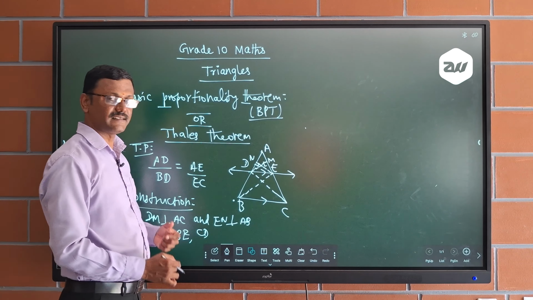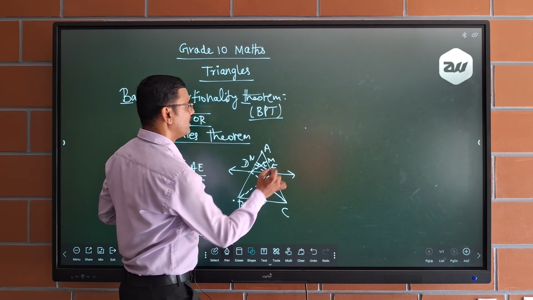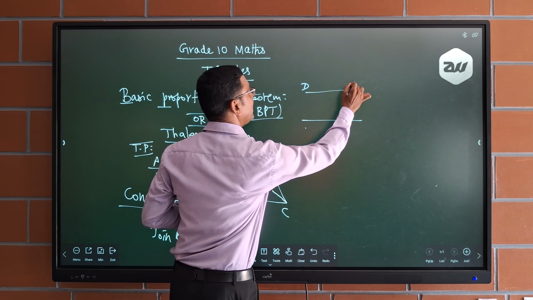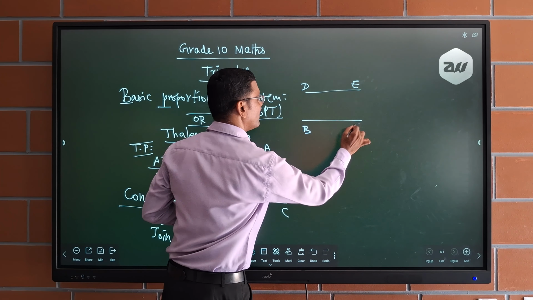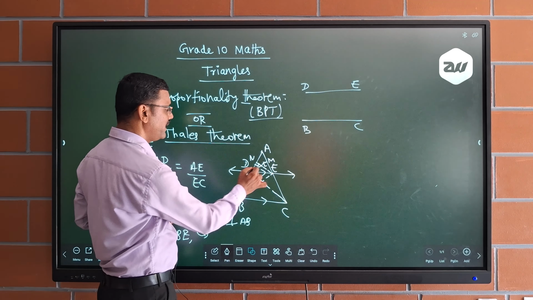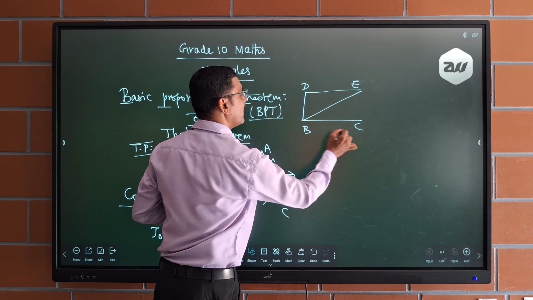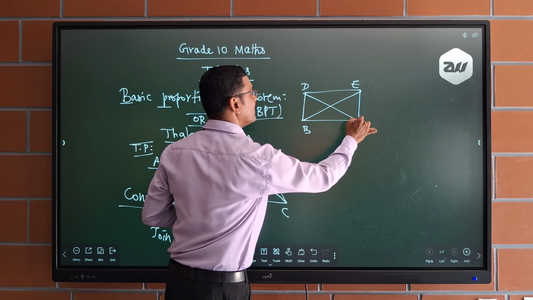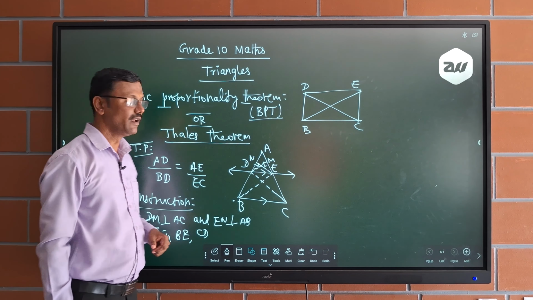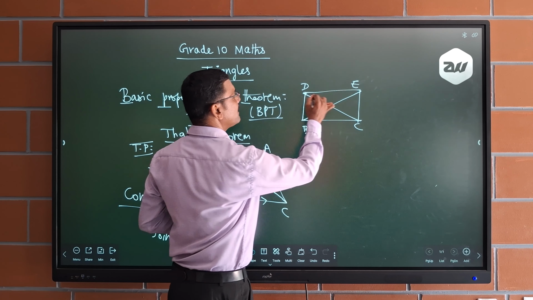Okay. Next, if we consider the two parallel lines, we have DE and BC. Two parallel lines we have. And you consider the two triangles BDE and CDE. Both are having the same base. We consider DE as the base.